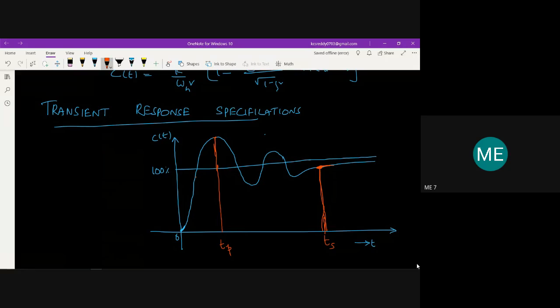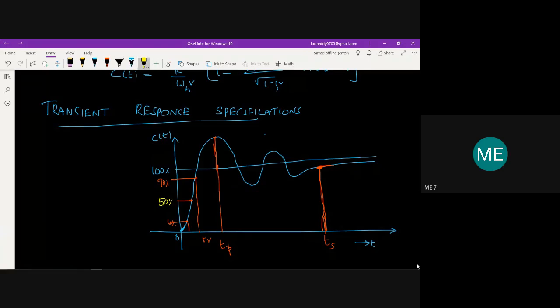Rise time is the time required to go from 10% to 90% of the output. Similarly, delay time is the time required to reach 50% of the output.